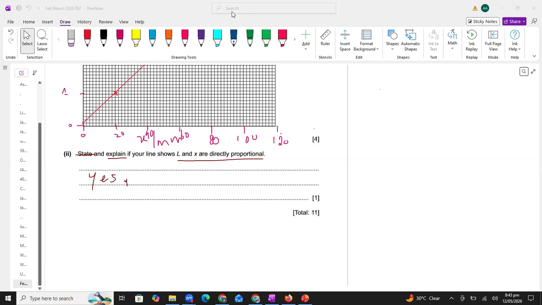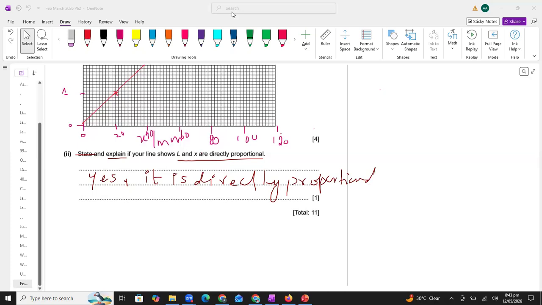All right. So first we will write, yes, it is directly proportional, because we are getting a straight line. What reason will we write here?